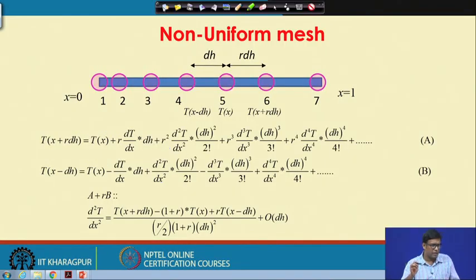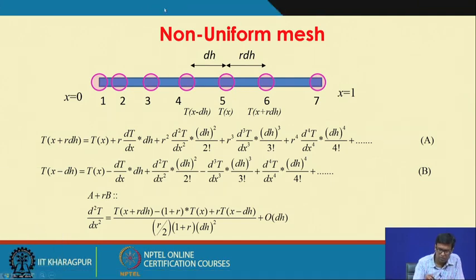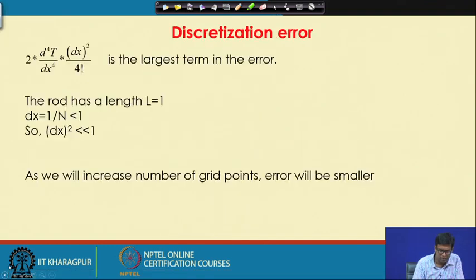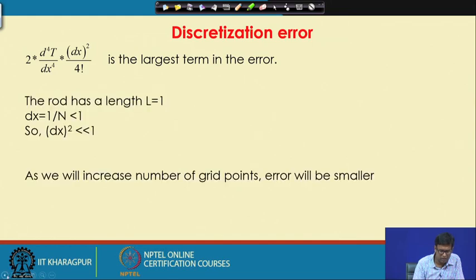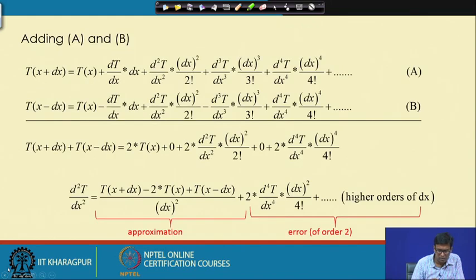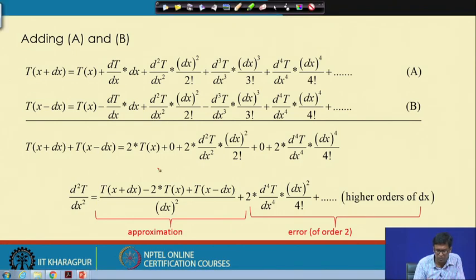What we end up with here is basically the previous expression: an equation for d2T/dx square in terms of one particular location's temperature T_i, the temperature of the location next to it, and the temperature of the location previous to it.